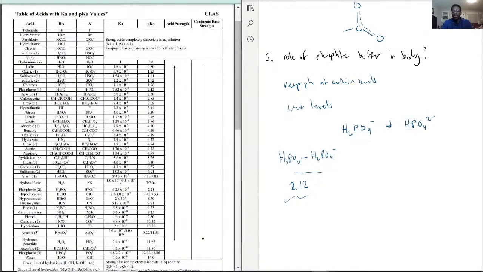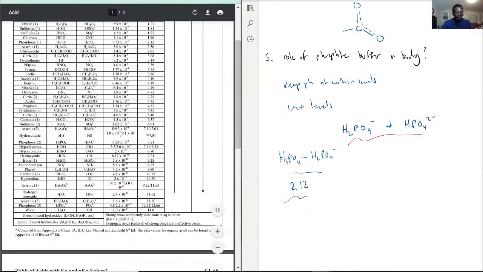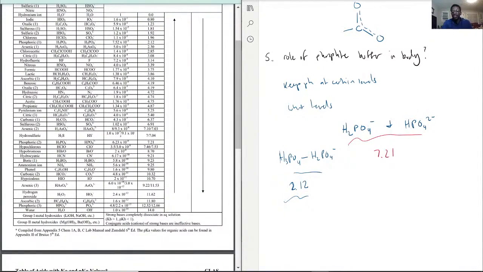But for H2PO4 minus to HPO4 2 minus, that buffer range, based on this pKa, is 7.21. That sounds a lot nicer. So this would be our phosphate buffer system in our body, and just as the pKa shows, it keeps it at this level.